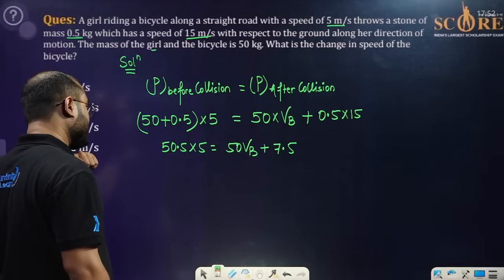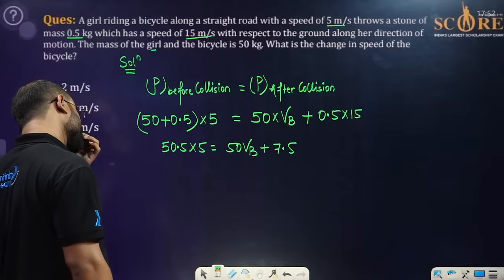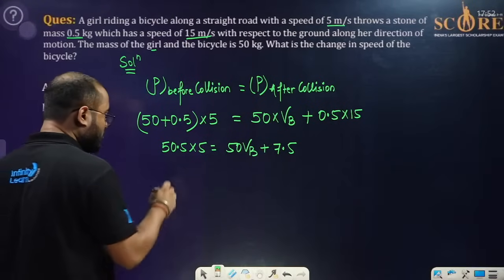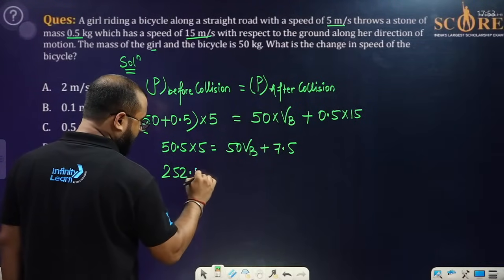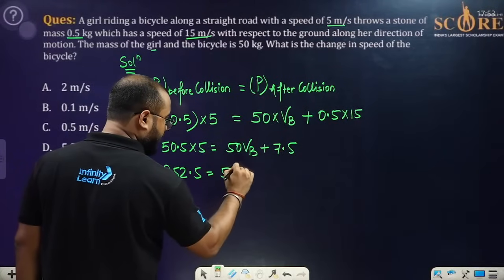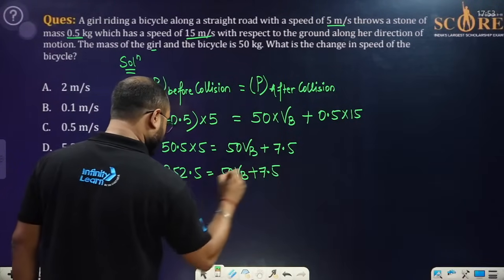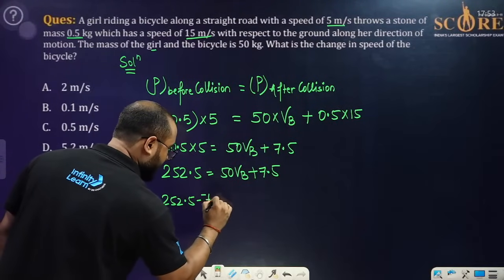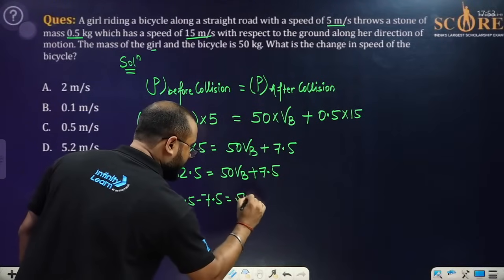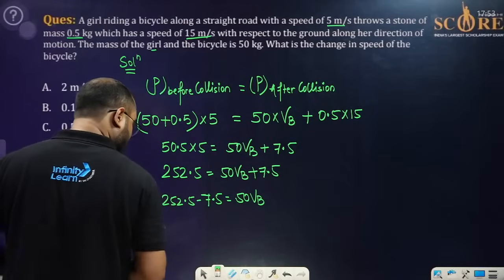50.5 times 5 is 252.5, which will be equal to 50 VB plus 7.5. That means 252.5 minus 7.5 will be equal to 50 times the velocity of the bicycle.